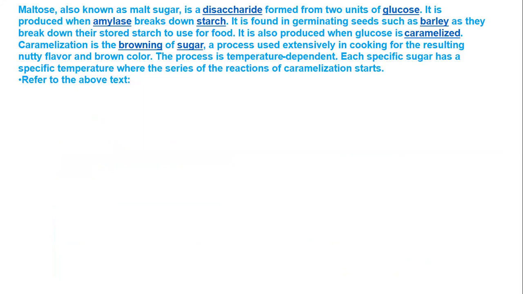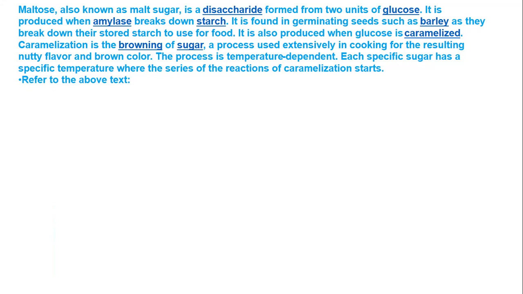It is also produced when glucose is caramelized. Caramelization is the browning of sugar, a process used extensively in cooking, at a specific temperature where the series of the reactions of caramelization starts.